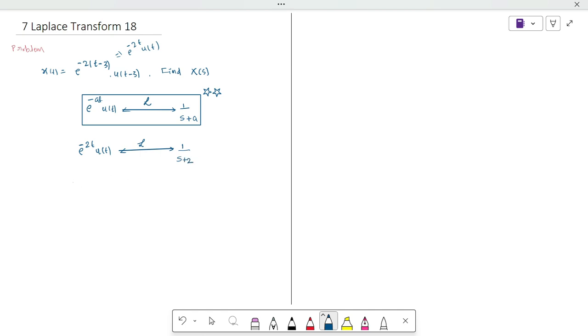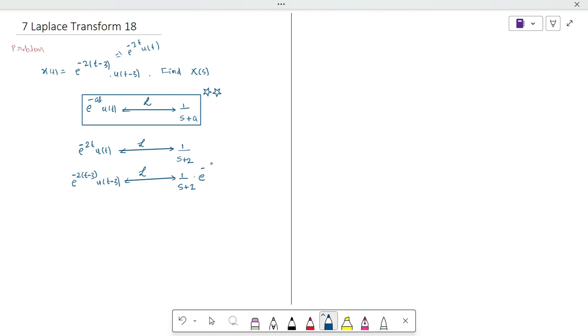Now this is time shifted: e power minus 2 into t minus 3 into u of t minus 3. So x of s is 1 by s plus 2 multiplied by the exponential, which is e power minus s into the delay.